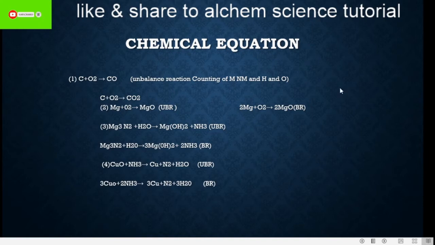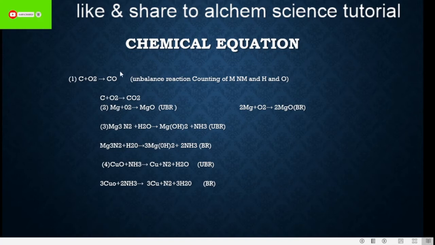You can see here, carbon reacts with oxygen and produces carbon monoxide. Is this reaction balanced or unbalanced? You can see this reaction is unbalanced. As I told you earlier, first of all you need to count the metal, the non-metal, and then the hydrogen atoms.